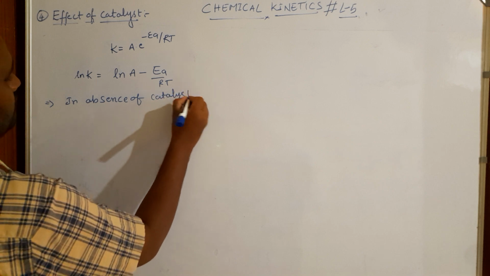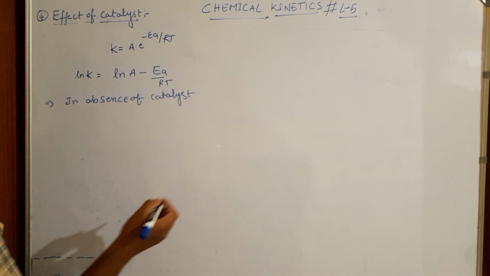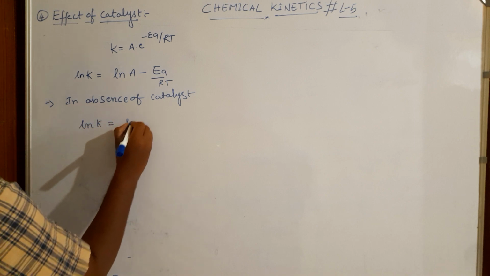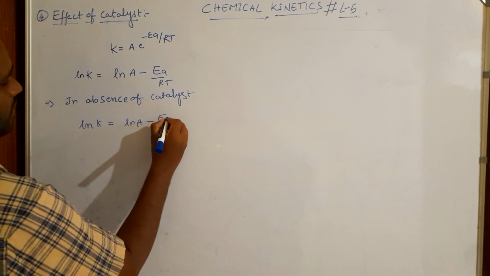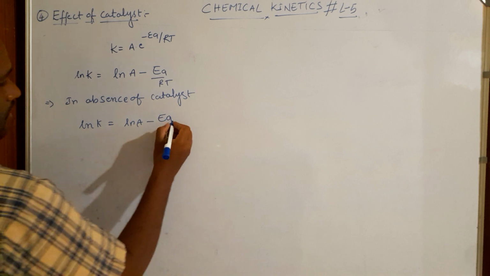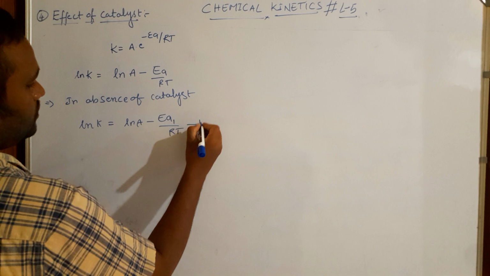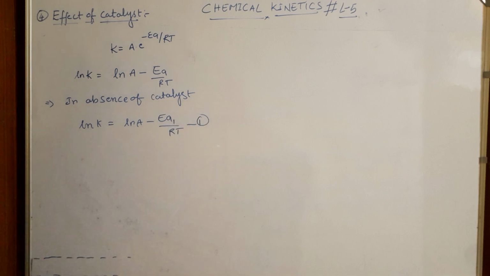In the absence of catalyst, ln K1 is equal to ln A minus EA1 by RT. We are doing it at the same temperature only. Let us consider this as equation 1.